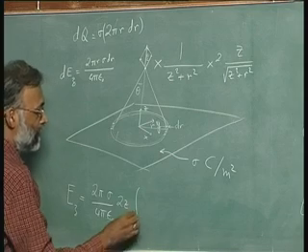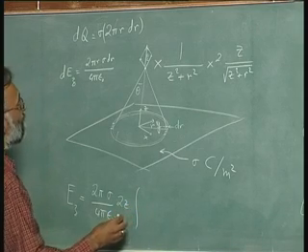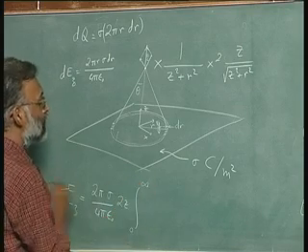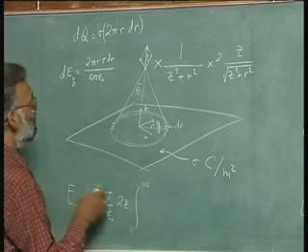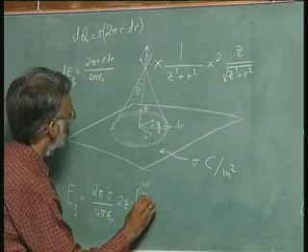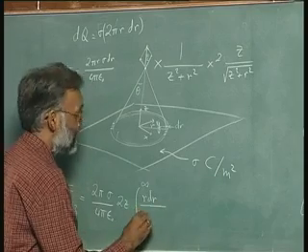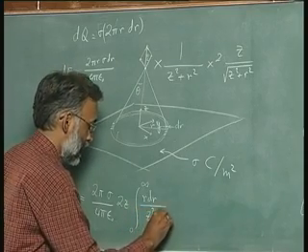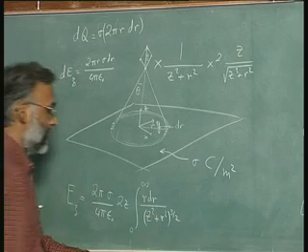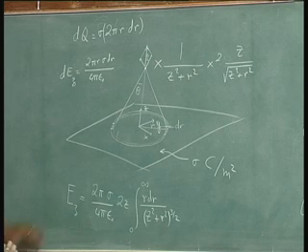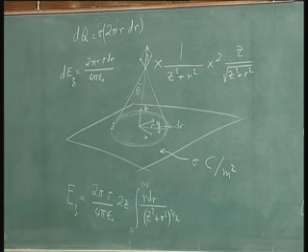So, integral zero to infinity of r dr divided by z squared plus r squared to the 3 halves. Is that okay? I may have made a factor of 2 error here, we will check.